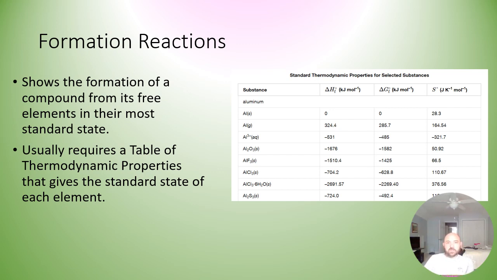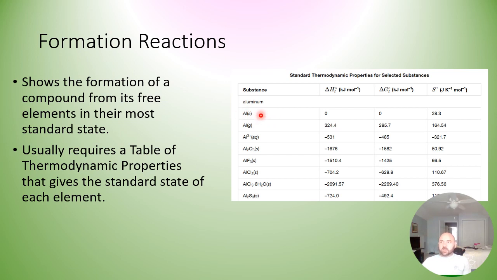Luckily, you can determine the standard state for an element by consulting a table of thermodynamic properties. The standard state of the element is always listed at the top, and I've got a cutout of the standard thermodynamic properties from our textbook on this slide. It goes in alphabetical order, and it shows compounds related to aluminum first. The entry always at the top of each element's entries in these standard thermodynamic properties for selected substances is the standard state of that element.